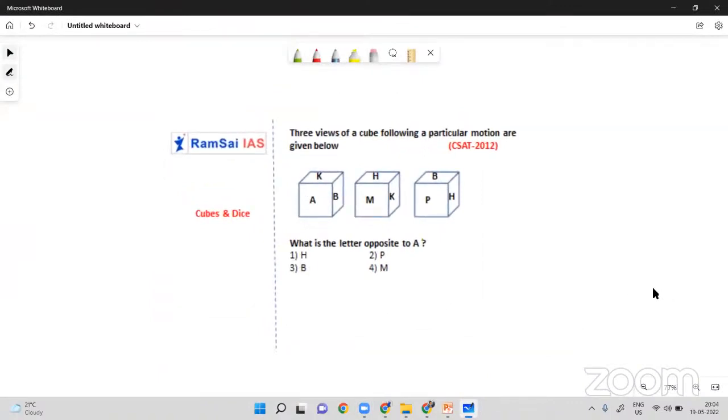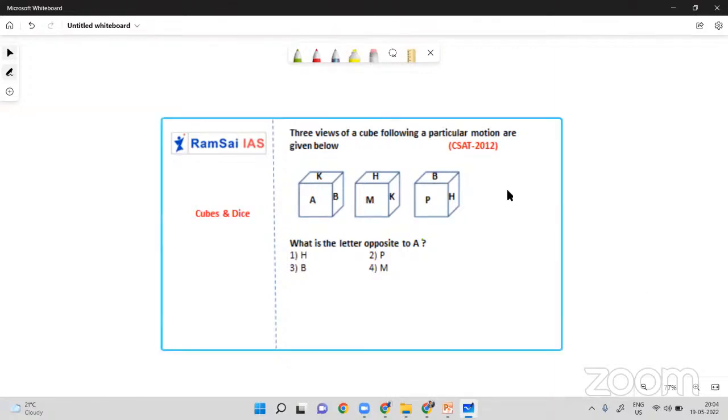After 1 minute I'll explain how to solve it. Those watching the uploaded video can skip ahead 1 minute, or you can try and then watch the solution. Your time starts now, just 1 minute. Try to solve this question, make it fast.